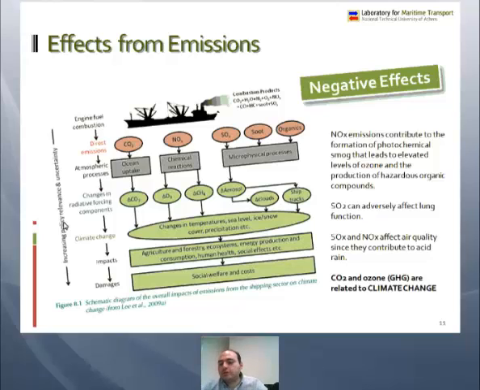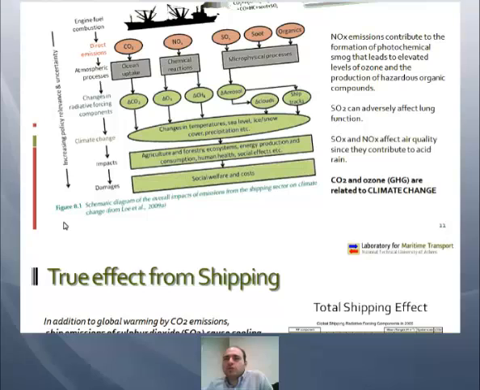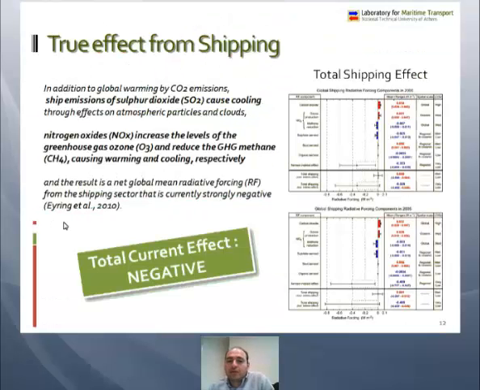Why do we focus on CO2 and ozone, which are greenhouse gases? Because both of them are related to climate change. SOx and NOx are not related to climate change, but to other problems, as I described previously. The major problem with carbon dioxide emissions is that they cause global warming. But in addition to global warming by CO2, ship emissions of sulfur dioxide cause cooling through effects on atmospheric particles and clouds.